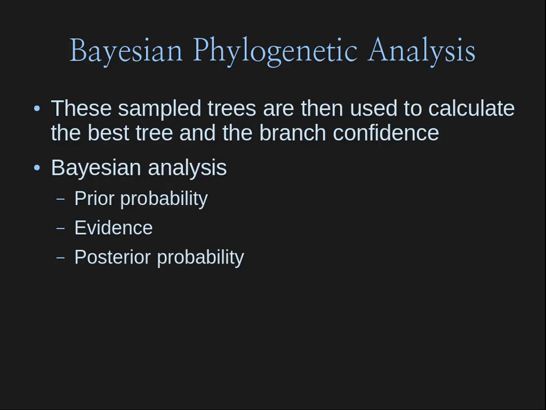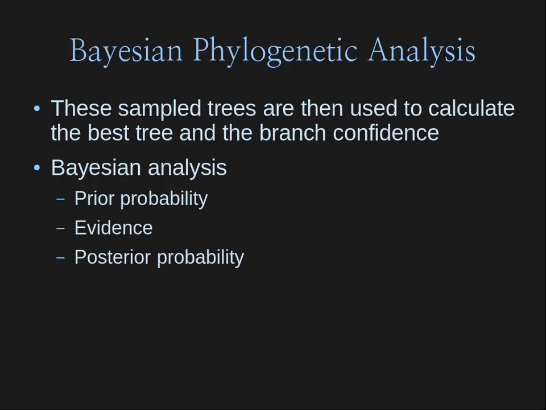So I will very briefly describe how Bayesian calculates in a very non-mathematical sense. The whole idea behind Bayesian statistics, as opposed to frequentist statistics, which is what you learned going through biostats and what we've talked about earlier in this class, is this.